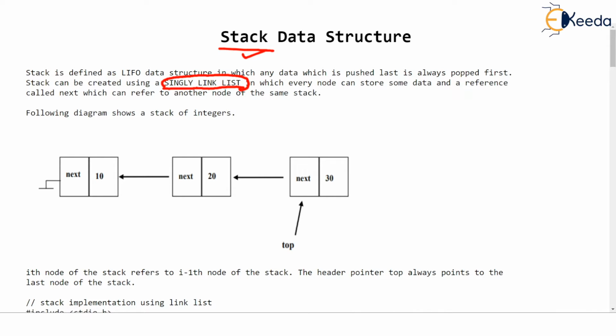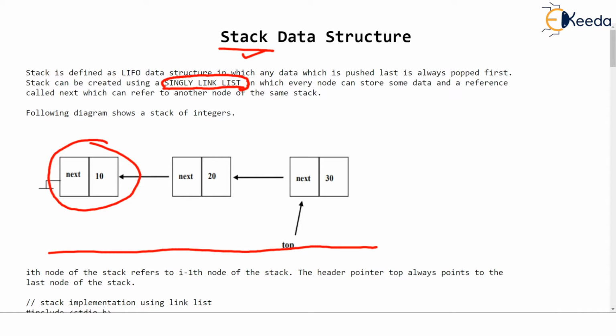Now, following is a stack which I have shown, which is a stack of integers. Why it is a stack of integers is because there are three nodes in this. This is a node, this is another node, and this is the third node. In these three nodes, we have data as integer. You can see 30, 20, 10. And besides data, we have a pointer called next.